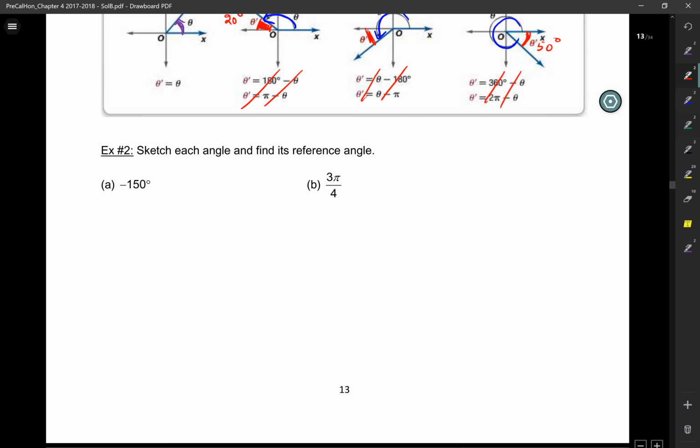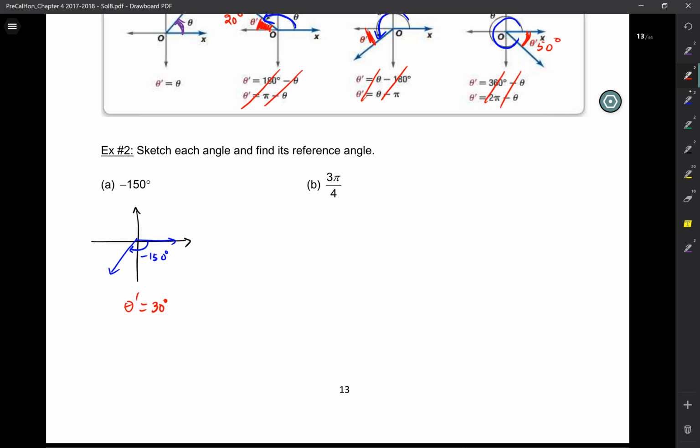So if I have an angle of negative 150 degrees, right? How much would be the reference angle? 30 degrees. It's always an acute angle between 0 and 90. Never negative, always positive. Okay? And theta prime is the symbol we use for reference angle.